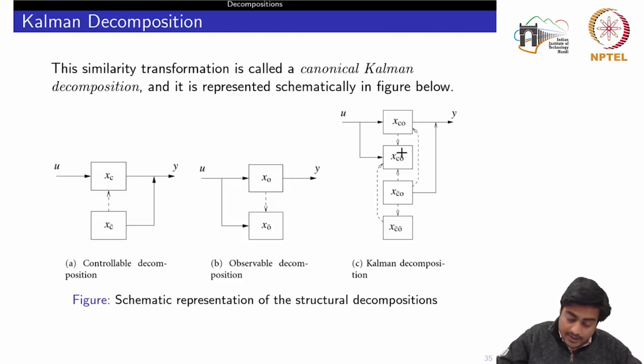The controllable and unobservable states, U but not Y. Similarly, uncontrollable and observable, not U but Y. And XC bar O bar is completely independent, because they would not receive any information from U and Y. So they are purely autonomous systems. Okay.